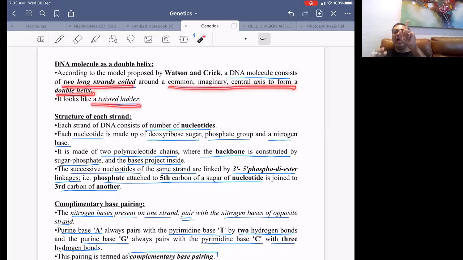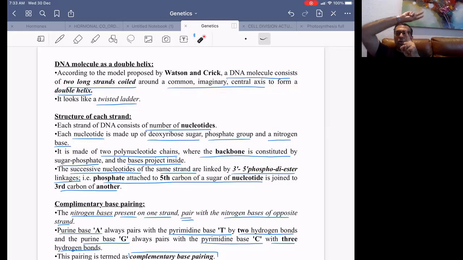So this is an imaginary central axis and here are the two DNA strands. The two DNA strands are in a right-handed coiling and it coils, coils, coils like a double helix.